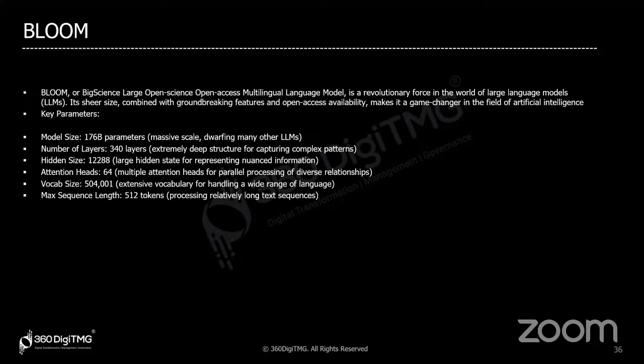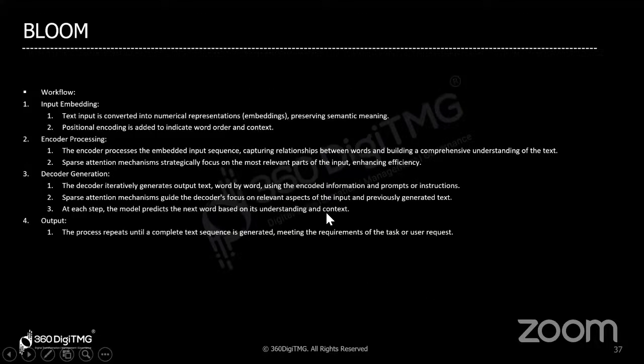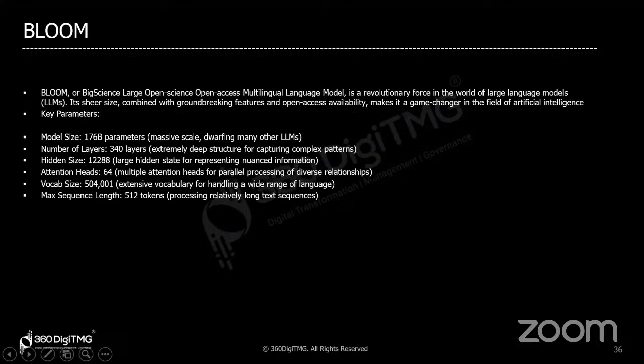Okay, so these are all the model sizes. It has been trained on 176 billion parameters, which is very huge. Then the number of layers is 340, hidden sizes, attention heads. So this is all it is.